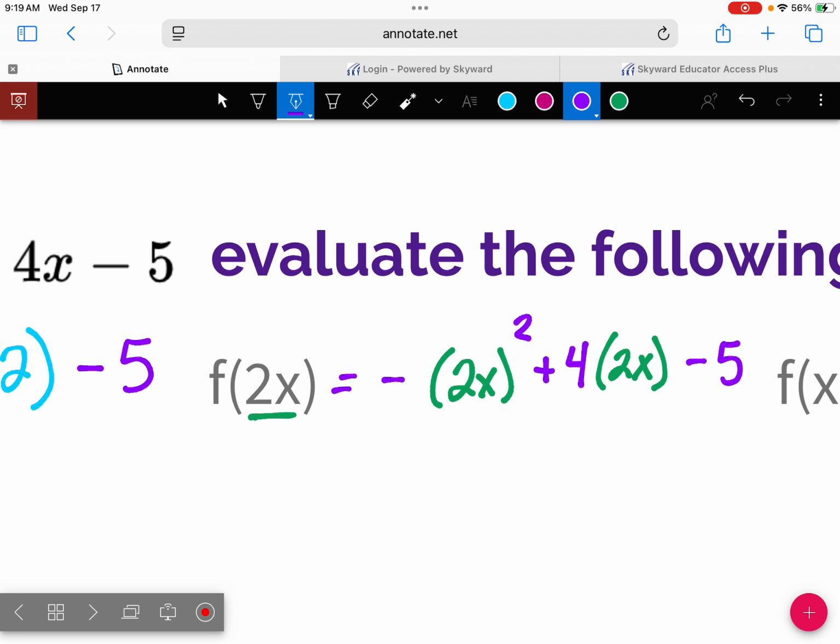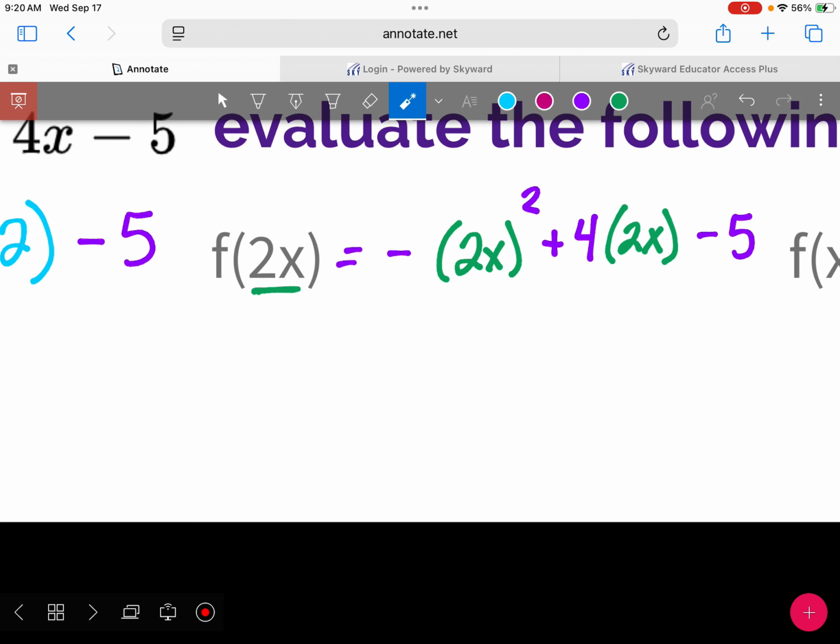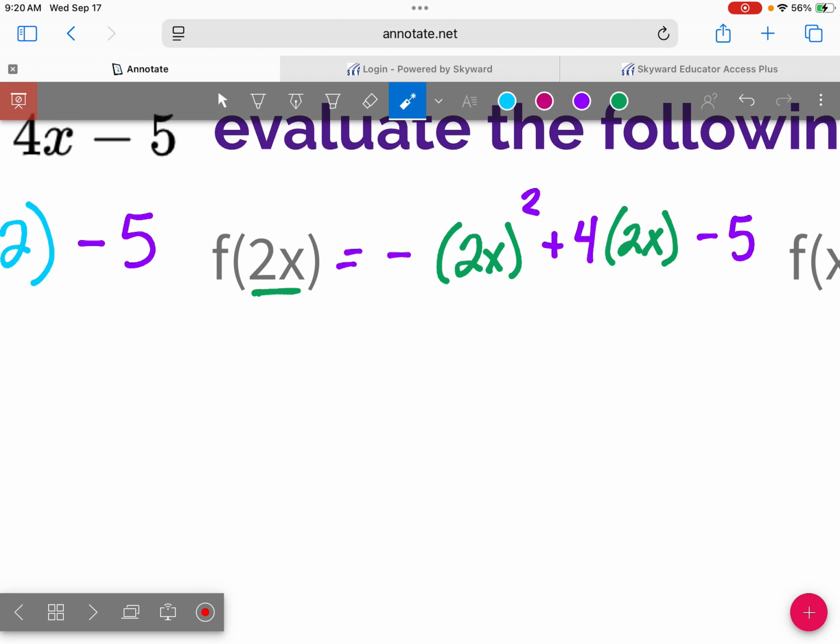So then we got to be careful with our order of operations again, especially when we have negatives in front of powers. So what happens when we square our 2x? 4x squared. Plus 4 times 2x, 8x, minus 5.